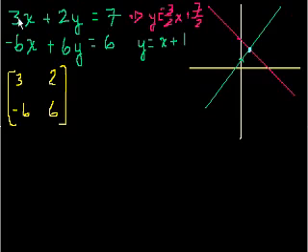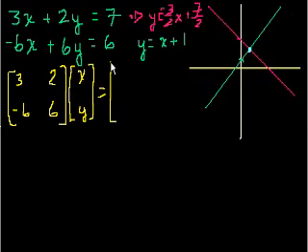I just took the coefficients, right? And if I were to multiply that by a column vector matrix, x, y, and if I were to set that equal to another column vector matrix, 7, 6.